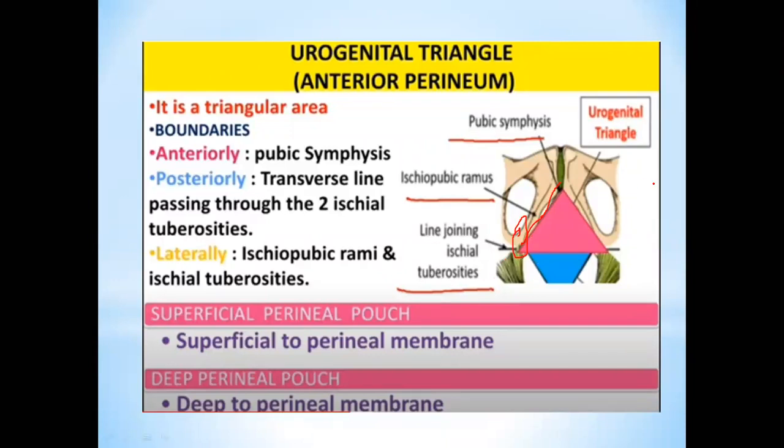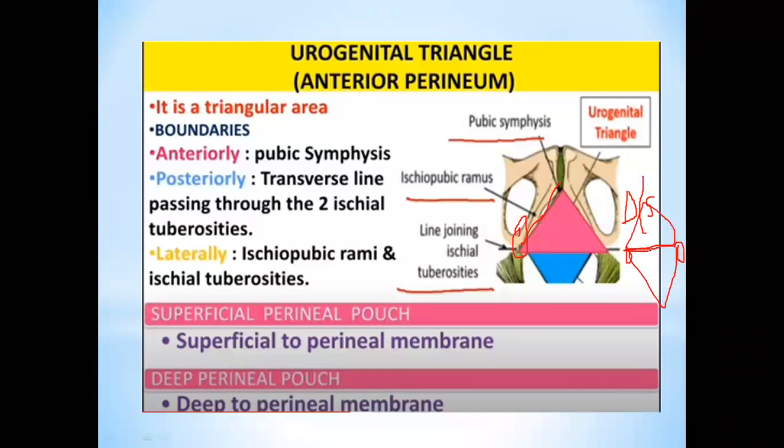So if I consider this simply as the perineal membrane, anything superficial to this will be the superficial perineal pouch, and anything deeper to this perineal membrane is going to be the deep perineal pouch. If we consider this as the ischial tuberosity on both sides, on the right and left, the space in between above is the urogenital triangle, and the space below is going to form the anal triangle, and this line is basically the perineal membrane.